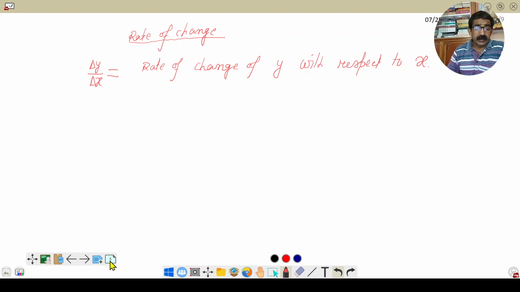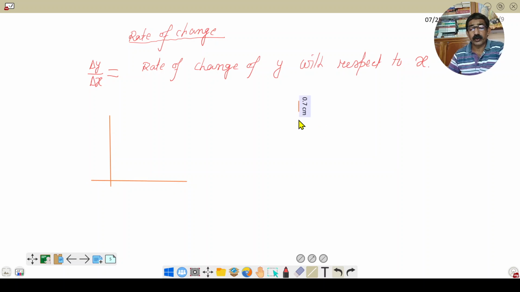Now we are drawing another graph. This is x and y, and this is also another x and y.